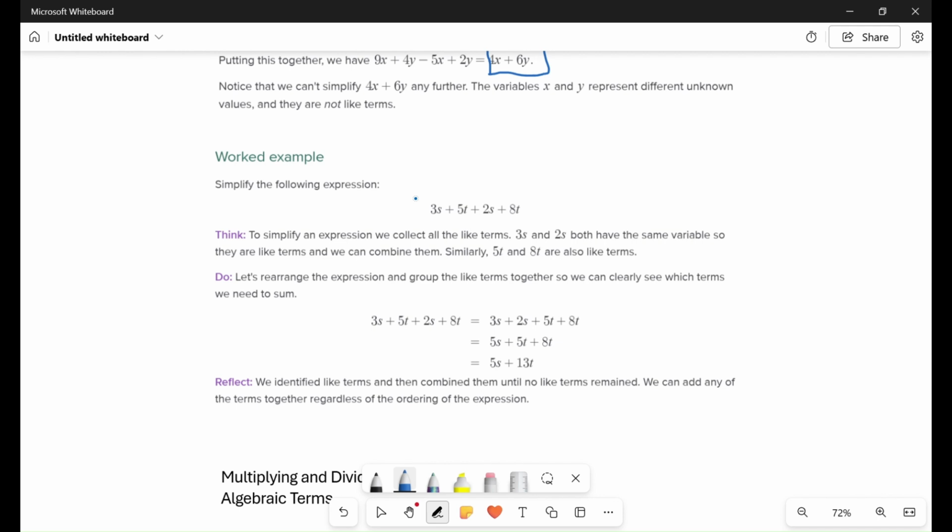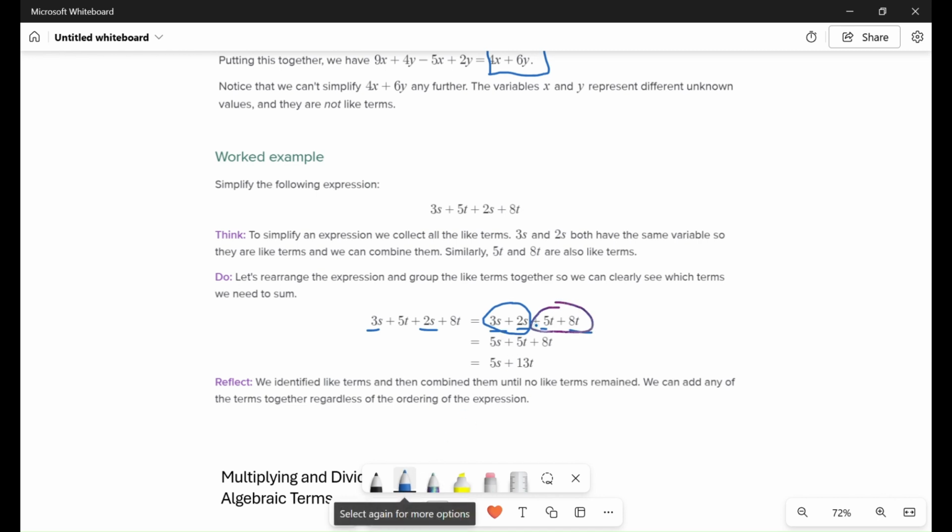Now let's rearrange the expression and group the like terms together so we can clearly see which terms we need to sum. So we have to sum these, and then we have to sum these.